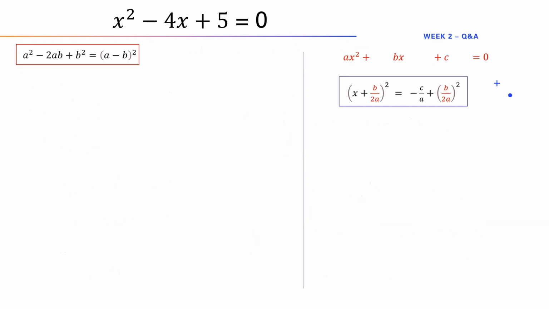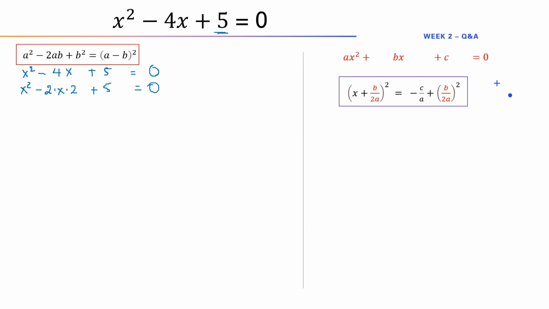How about if this one is not 4 but 5? It's not perfect, it doesn't look good. Okay, so on this side I do the same. I have x squared minus 2 times x times 2. That 2 times 2 is 4, so that's my 4x. Okay, let me rewrite one more time, plus 5 equals 0.